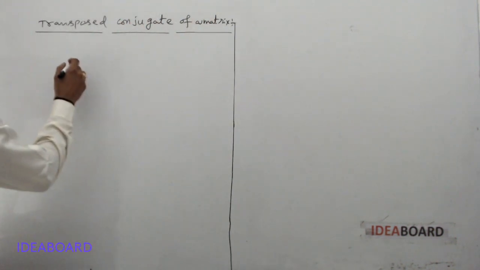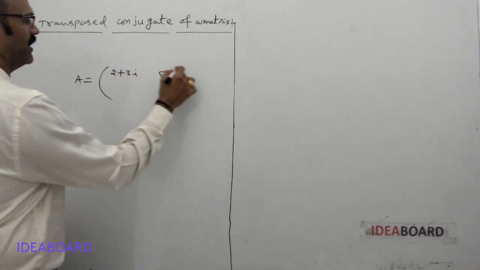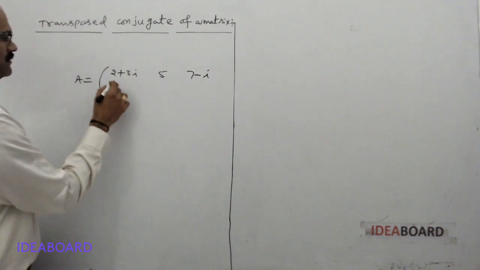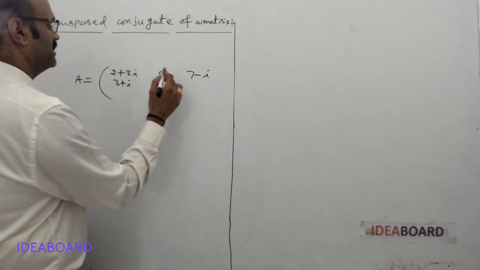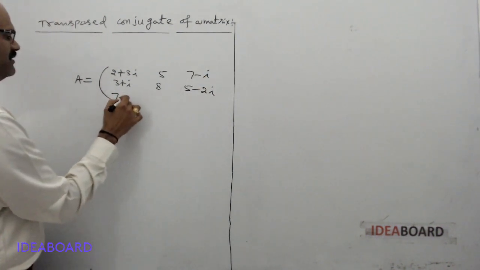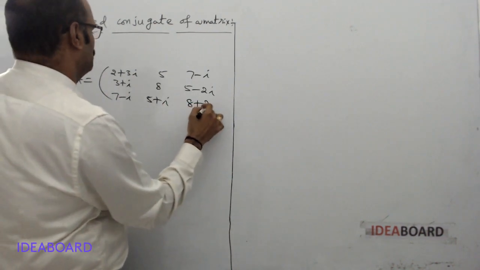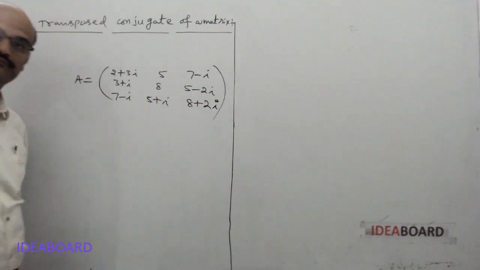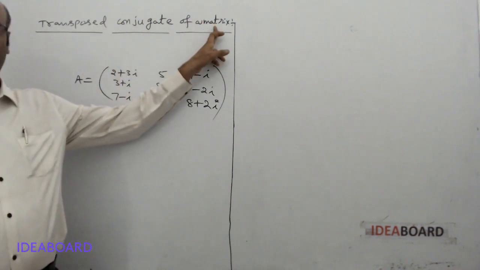Let me take A as a matrix: 2 plus 3i, 5, 7 minus i, 3 plus i, 8, 5 minus 2i, 7 minus i, 5 plus i, 8 plus 2i. We have to define the transpose conjugate of a matrix.